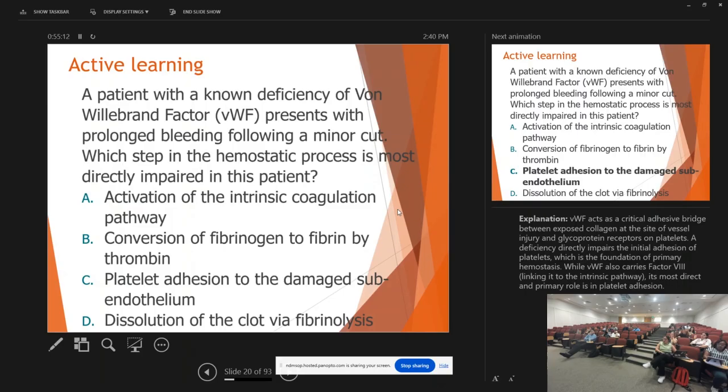It's not part of that cascade yet; it happens before the primary hemostasis pathway. And the other option is also not part of this, right? And the dissolution of the clot via fibrinolysis is also not part of this pathway.